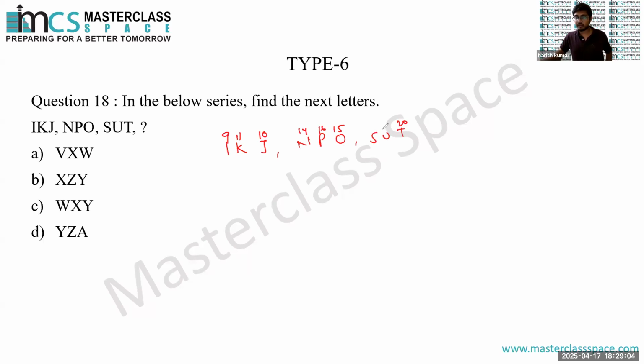T is 20. U is 21. S is 19. So this is 10, 15, 20. So the last one will be 25. What is 25? Y. So before Y, it has to be X, and after Y is Z. So X, Z, Y. So this is how quickly you have to solve in your exams, right? It should hardly take 20 seconds. See, we have solved this problem in 20 to 30 seconds. This is how you should solve it.